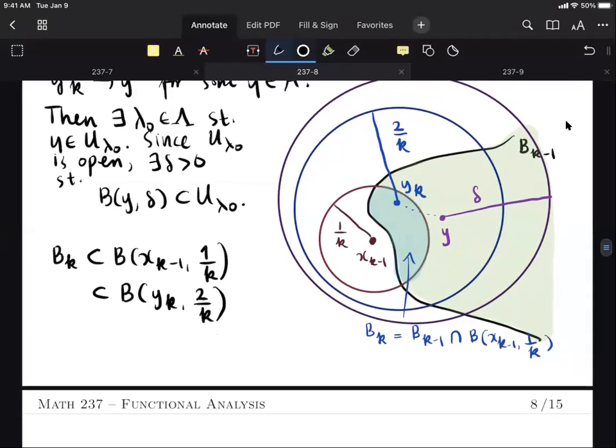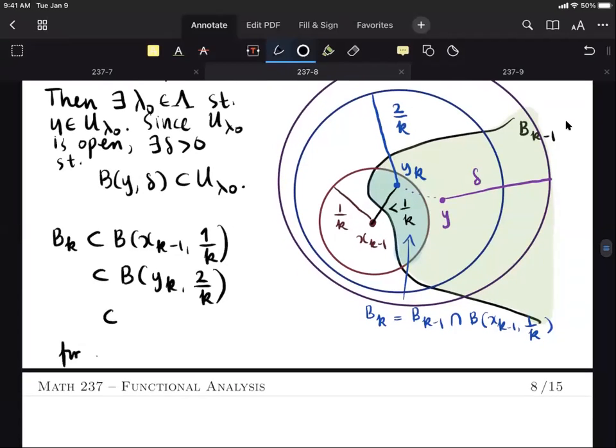Since the distance between y k and x k minus 1, let's say, is less than 1 over k, if you apply the triangle inequality, the ball centered at y k with radius 2 over k contains this smaller red ball here.